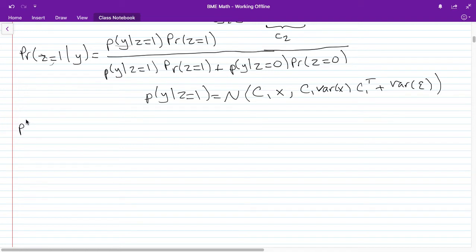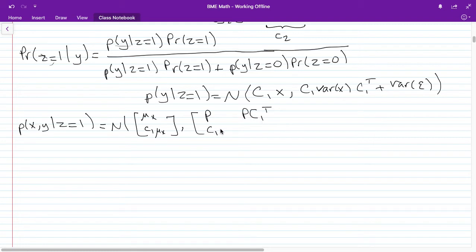So what I need to write is p of x and y, given that z is equal to 1, the joint probability. Because what I want to do is take the joint probability and from that compute the conditional probability, the posterior that I'm looking for. So that's a normal with a mean mu x, c1 mu x, and a variance, let's say P, C1 transpose, C1 times P, C1 P C1 transpose plus R. Suppose this is our joint probability distribution of x and y.